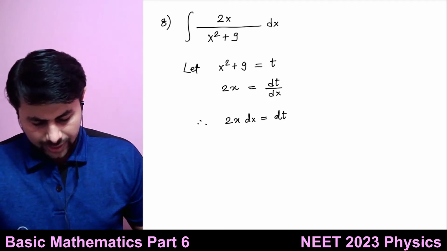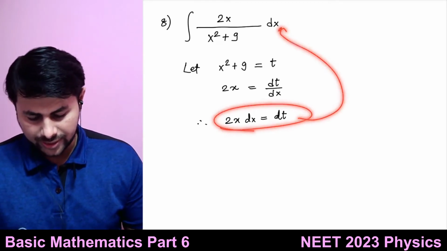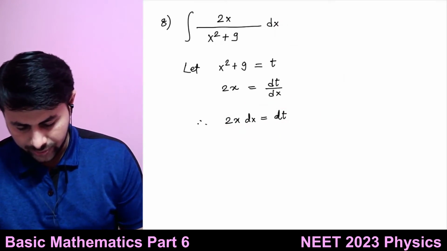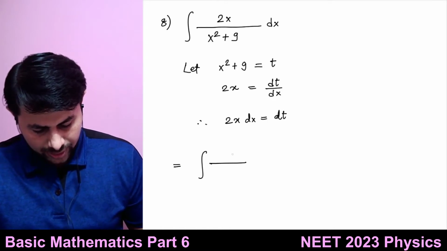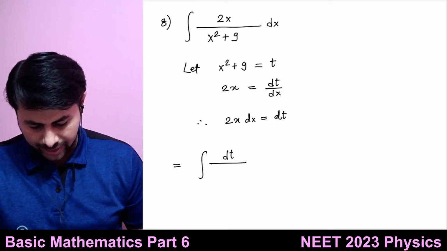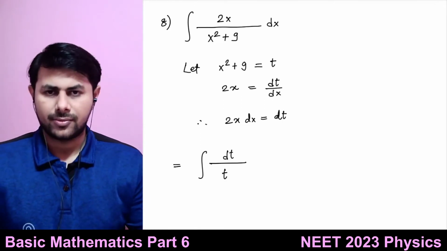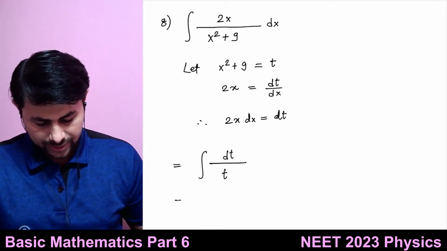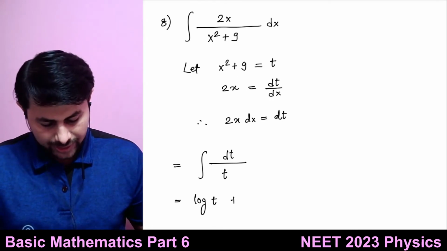Okay, and then I have got 2x dx. I will substitute that here. So what do I get? It's equal to integral of dt divided by denominator I have t. So what's that? It is log t plus c.